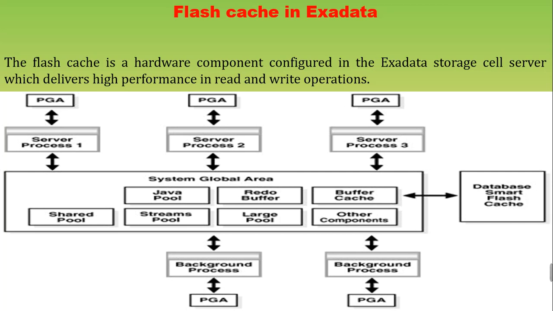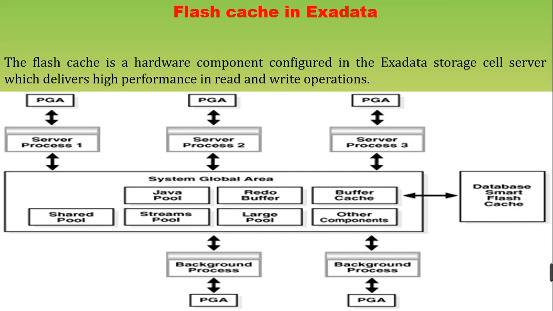On top of that, PGA is allocated to server process 1, server process 2 and server process 3, and down the line background processes and PGA, and again background process and PGA. It is interconnected with the database smart flash cache, which sits in the SGA.